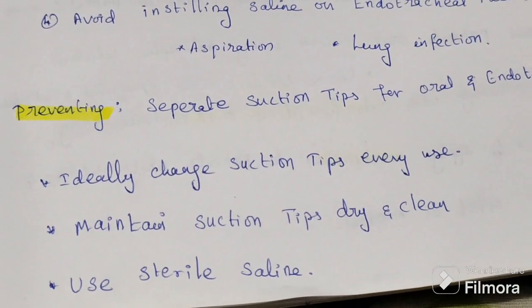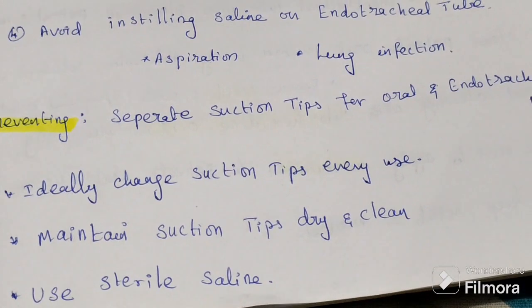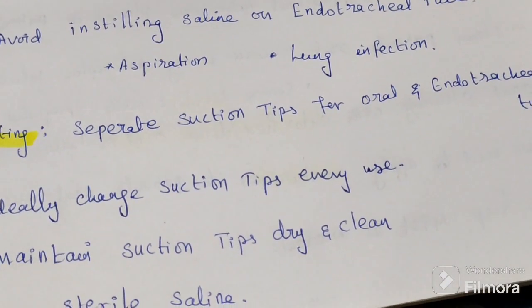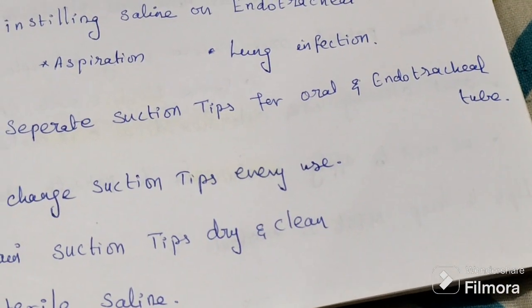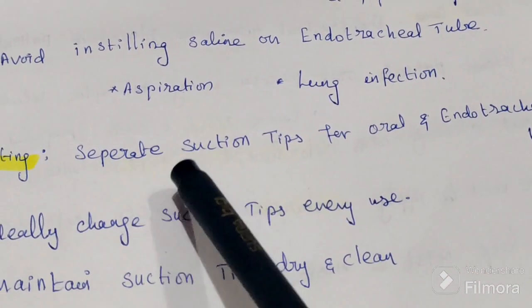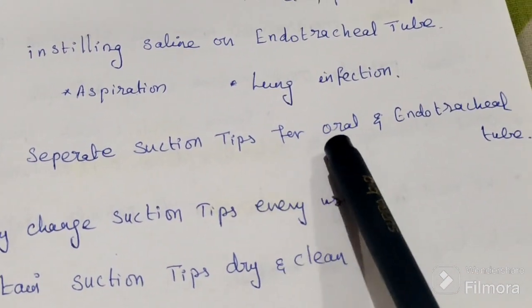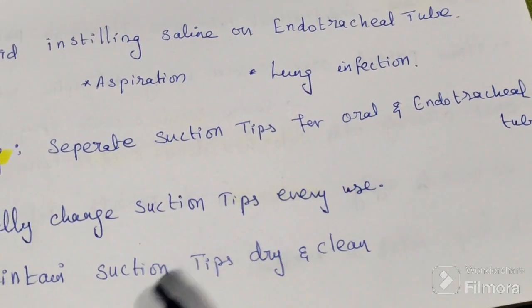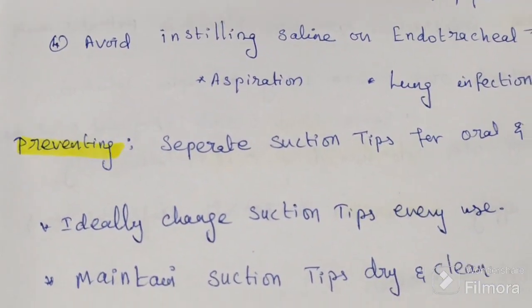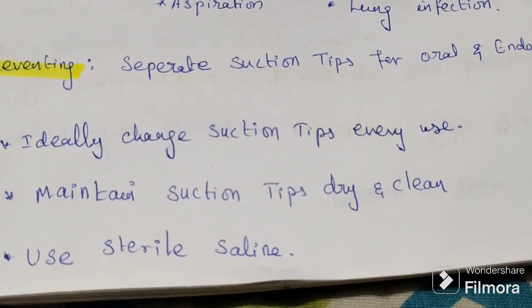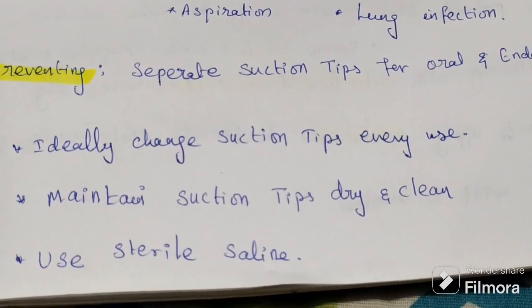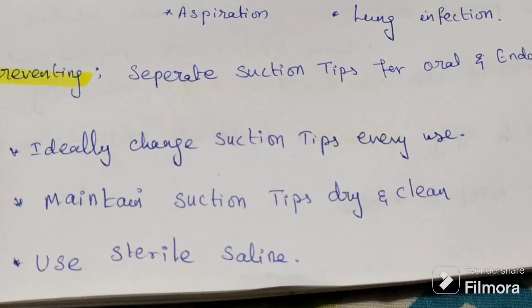Use two separate tubing for oral and endotracheal tube. Ideally change the suction tube every use, both for oral and endotracheal tube.